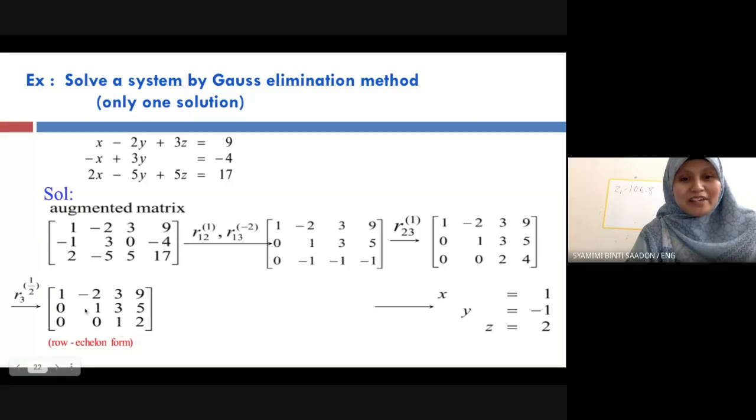From here we can solve directly. After getting all zeros here, this one is Z, so Z will be equal to 2. This is quite simple. We have Z equals 2, and replace Z here.